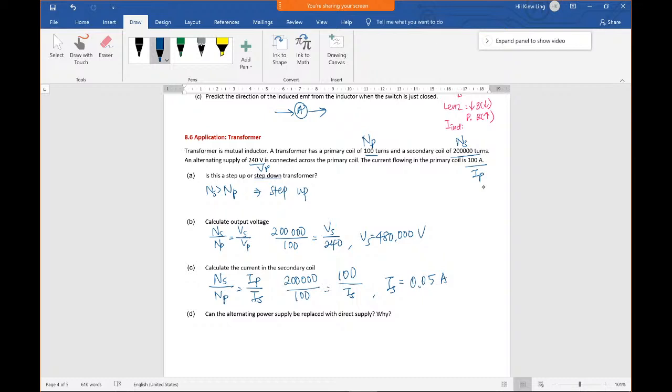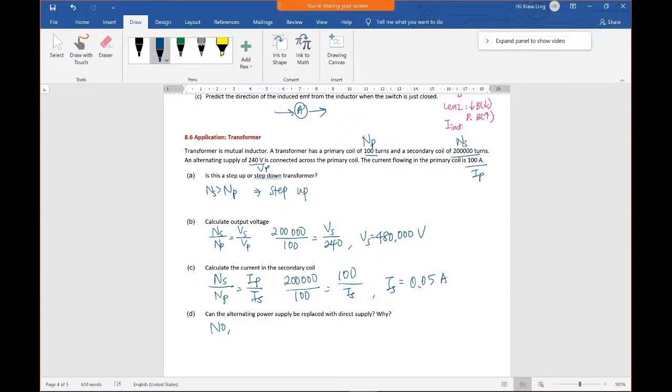Can the alternating power supply be replaced with direct supply? Yes or no? No. Why? Yes. Okay, can you give me your answer? If you say no, why? Yes, why? It's an open discussion. No change in magnetic field.